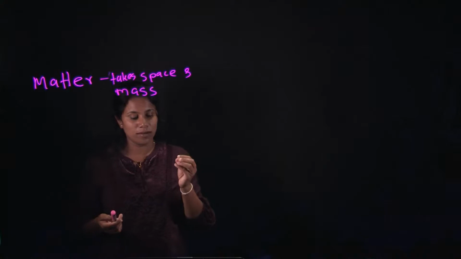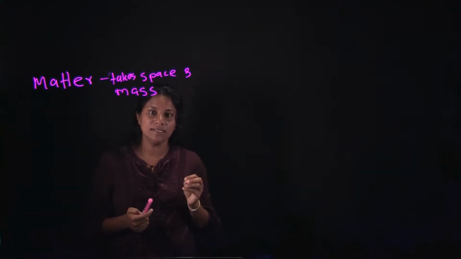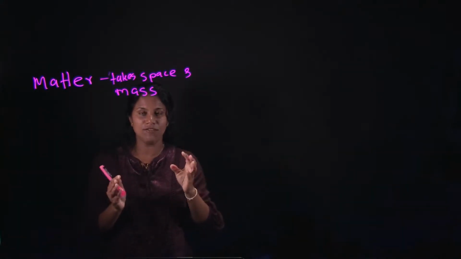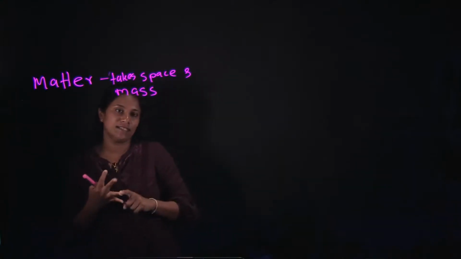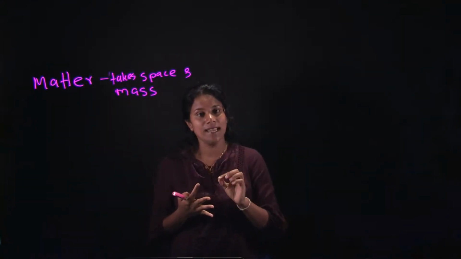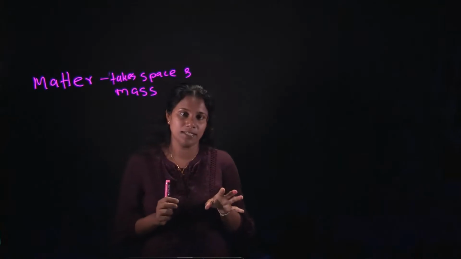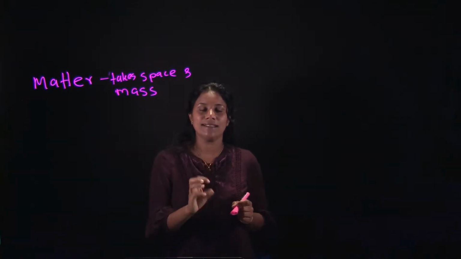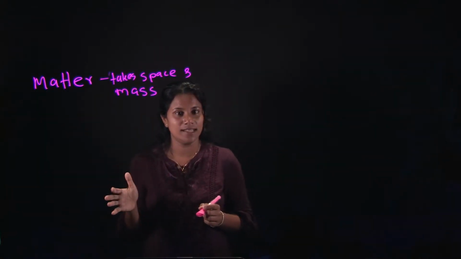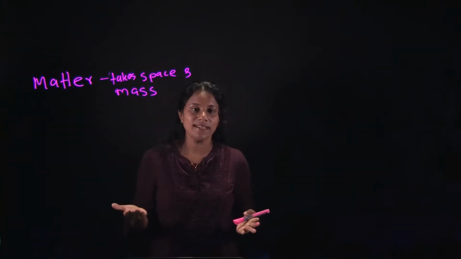Right? So in the next part, we're going to classify this matter. We can classify matter according to its state and according to its composition. Let's see how we classify matter according to its state. What are the three states of matter?